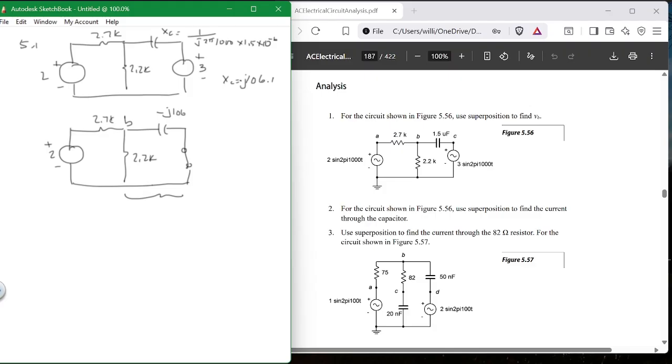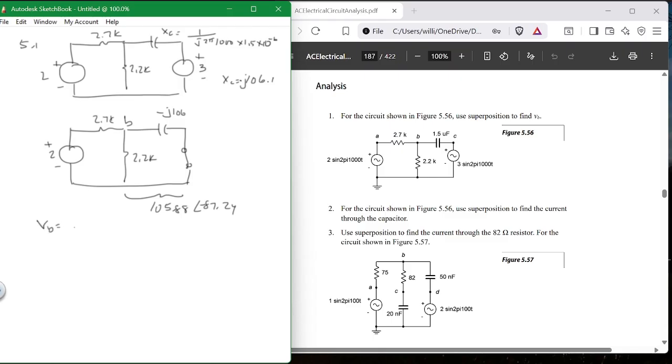I get 105.88 at angle minus 87.24. Everybody get that? Is that what you got? Something like that. Okay, so now let's do voltage divider.